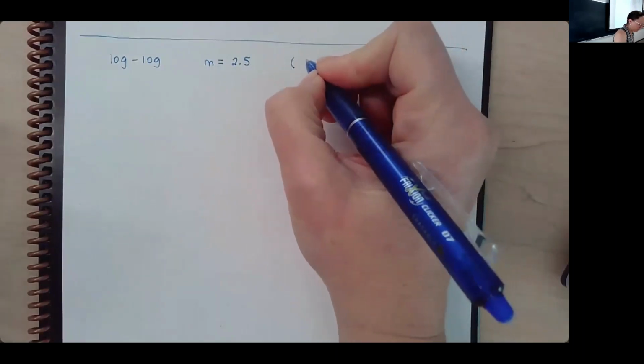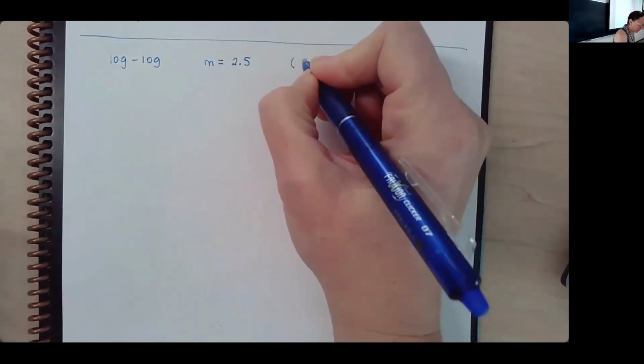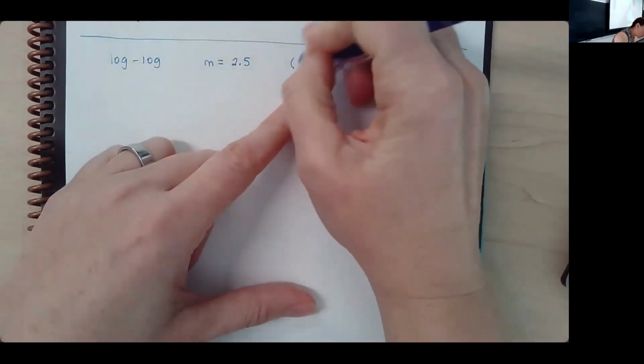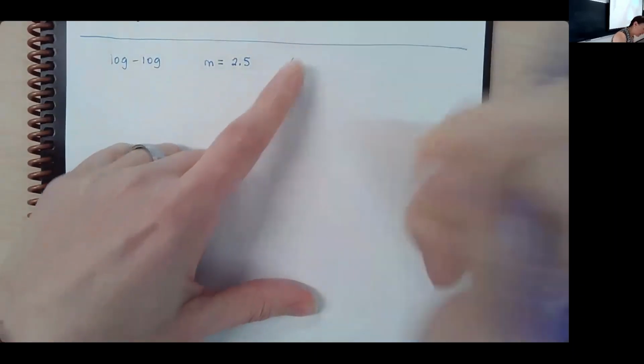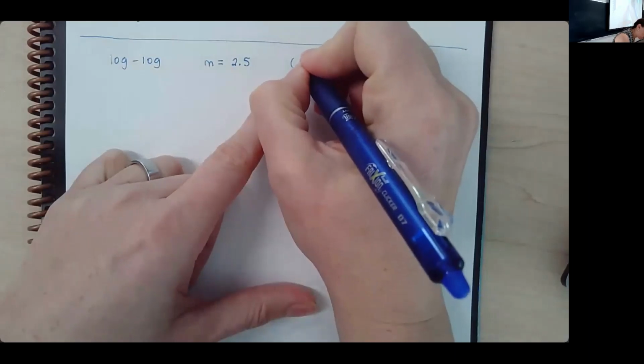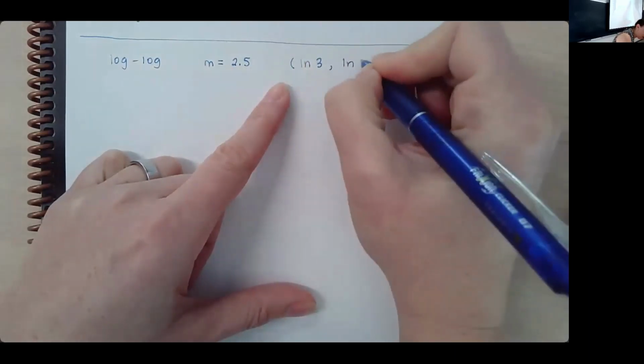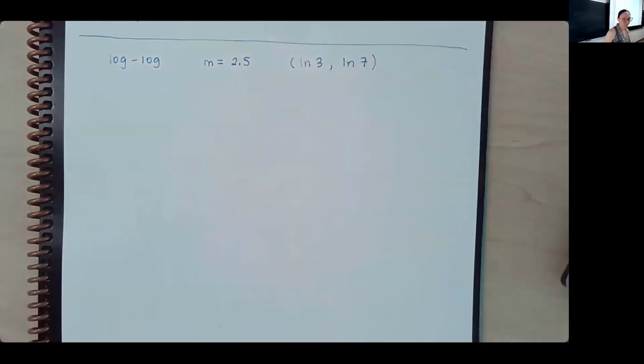Someone pick a number. 3. So let's say it's on a log-log graph. So I'm going to make it actually natural log of 3, natural log of 7.